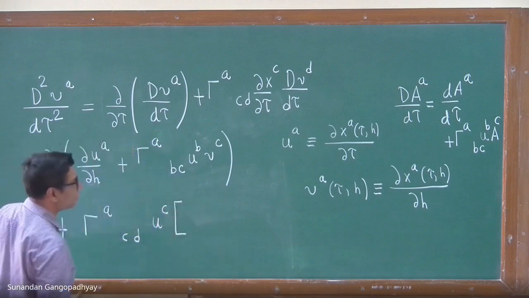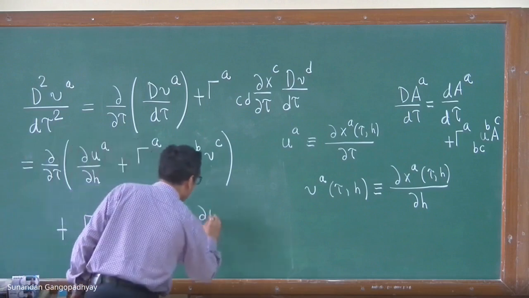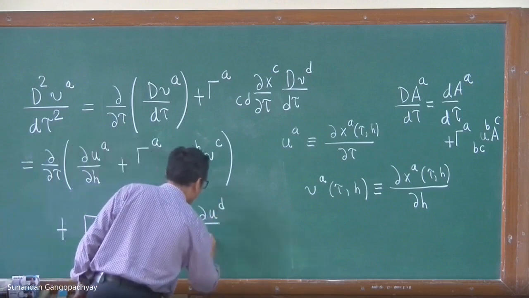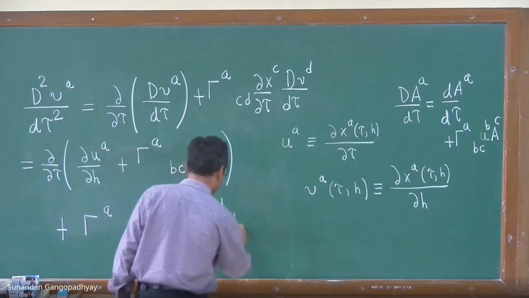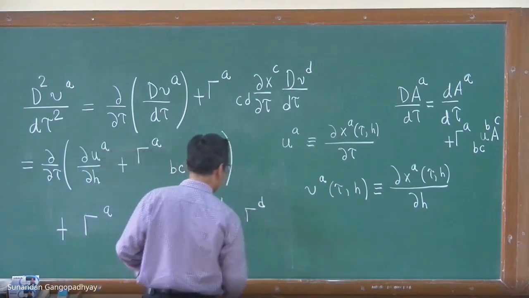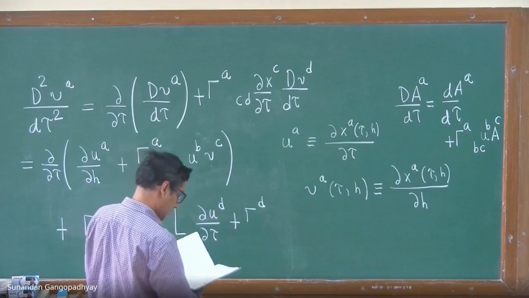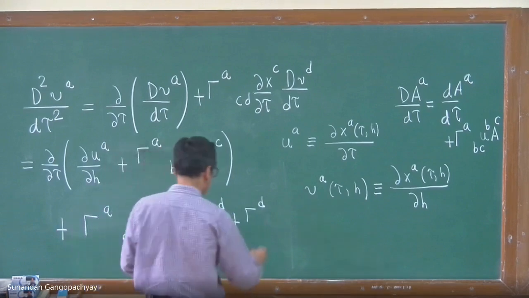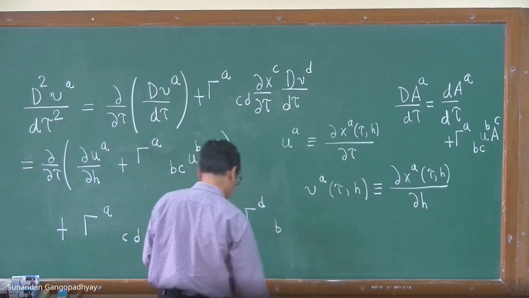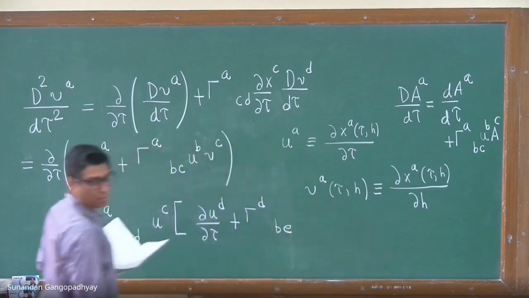D V D tau, so that will be del D plus gamma^D. I used notation B here. I will follow exactly my notation, whatever I have calculated.